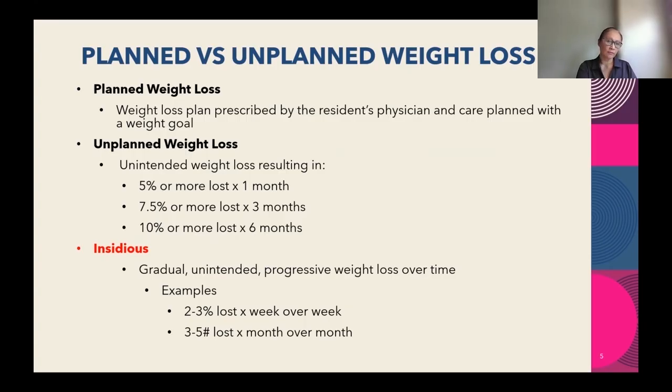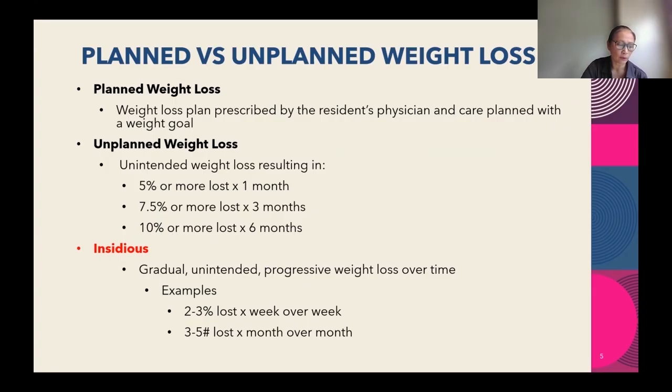A few examples here: 2 to 3% loss week over week, or perhaps 3 pounds lost month over month. And not necessarily that this will trigger on your monthly weight report. And again, oftentimes this might be overlooked.